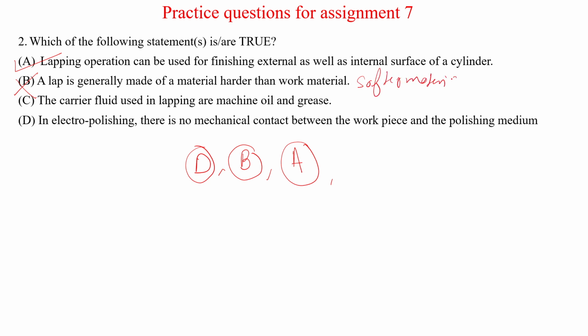C: the carrier fluids used in lapping are machine oil. This is right. D: no mechanical contact is there. This is also right. So B is wrong. A, C and D are right. Answer is A, C and D.